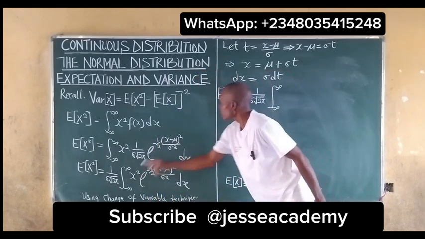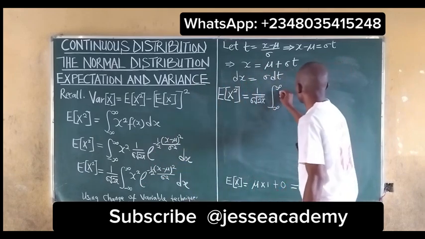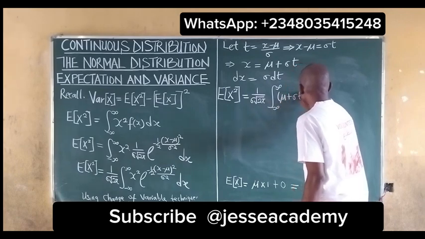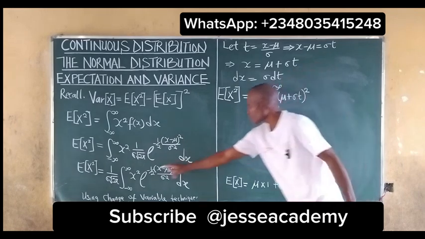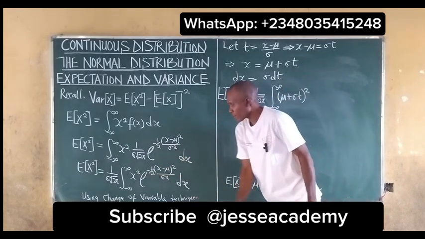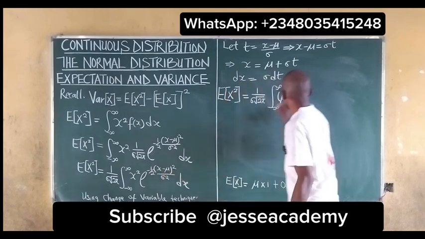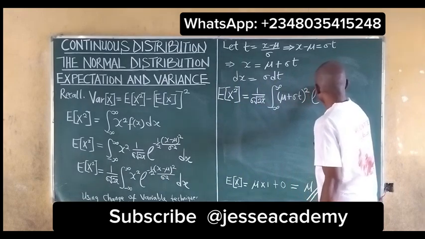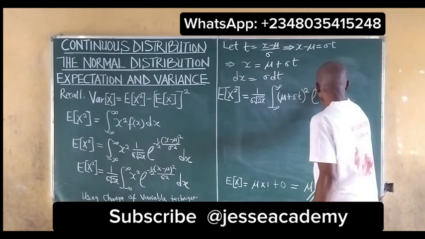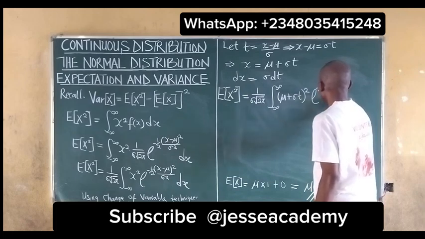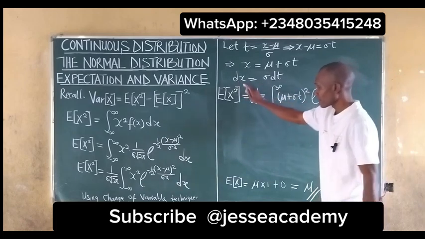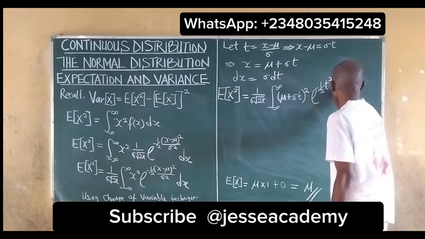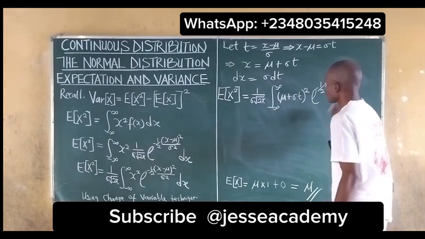Now we have our x to be the whole of this, so we write mu plus sigma t squared because of this square here. Now the whole of this becomes multiplied by the exponential of negative 1 all over 2 t squared. And we have the dx here. The dx will now turn to sigma dt. So we have sigma dt.